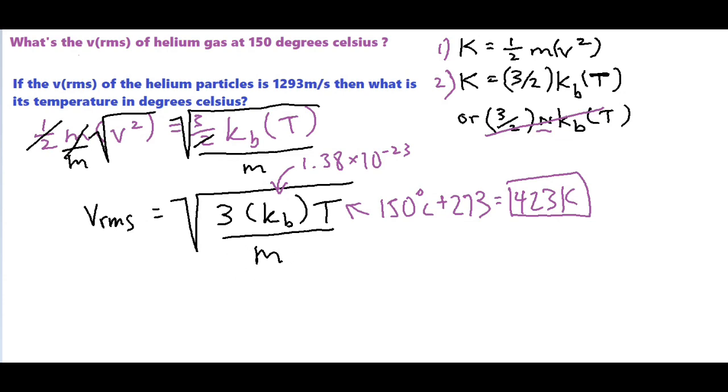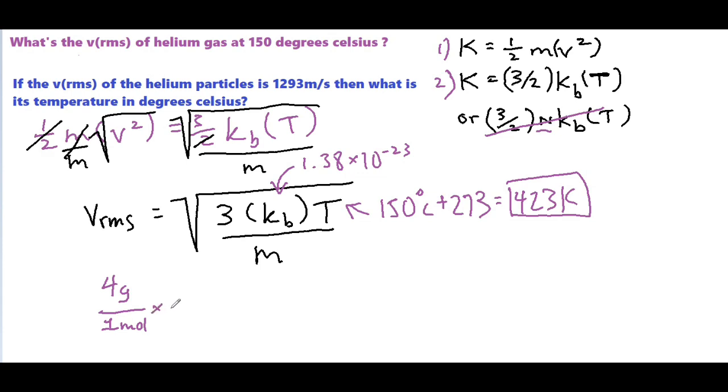Now, we don't have much to work with, so we have to do a bit of converting off to the side. If you take a look at the periodic table, we know helium has 4 grams per 1 mole. So we can do two different conversions to get it into the standard units we're looking for.